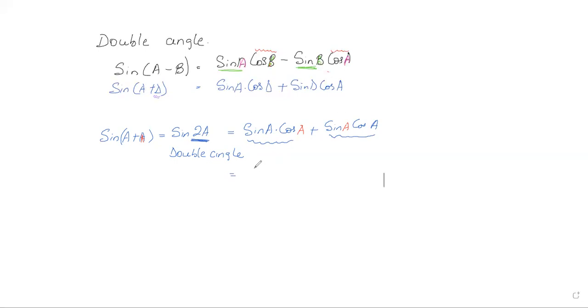So this is twice the sine of A multiplied by the cos of A. Now we say the sine of twice A is equal to 2 times the sine of A, the cos of A.